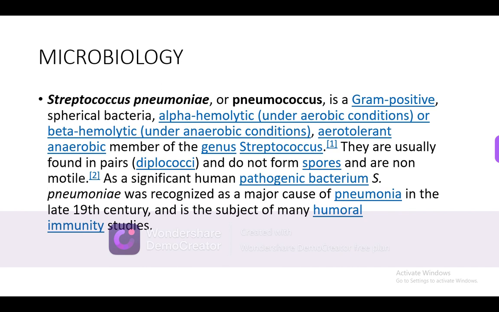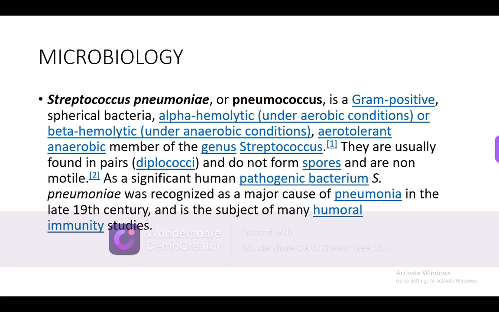Actually, it is a part of Streptococcus, but we separate it because of certain characteristics it has. They are usually found in pairs, always diplococci, and do not form spores. They are non-spore-forming streptococci, and they are also non-motile. They have no flagella and no other cilia-type structures on their surface.